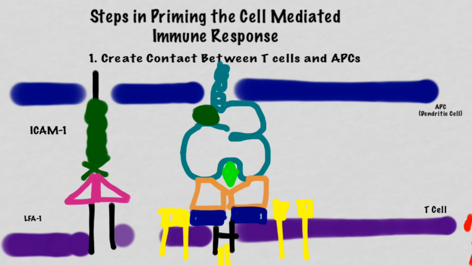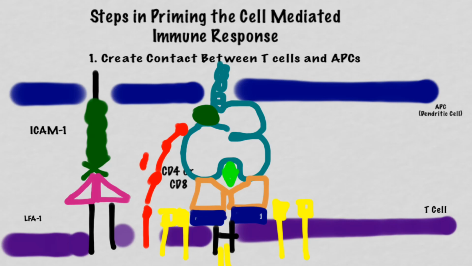So ICAM1 with LFA1 helps bring it into the docking station, which allows the MHC molecule and the TCR molecules to interact at their invariant chains. This interaction is also aided by CD4 and CD8, which, like ICAM1, are fairly long and will bring the MHC molecule in close contact, kind of locking that interaction into place.